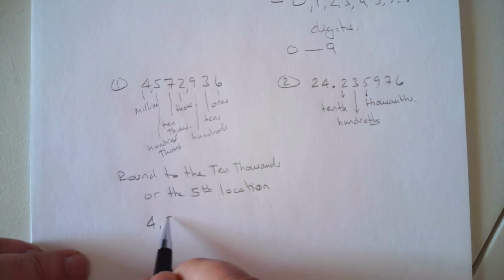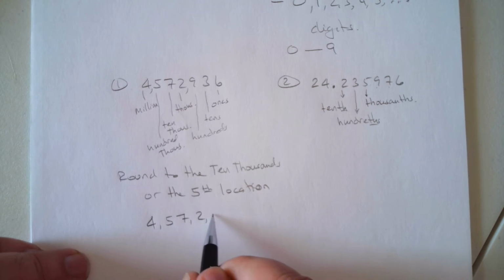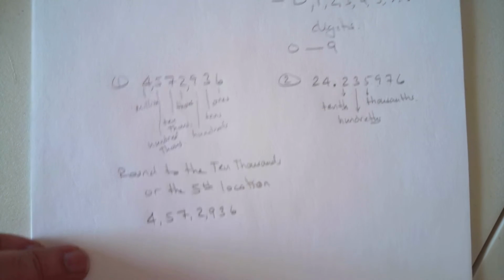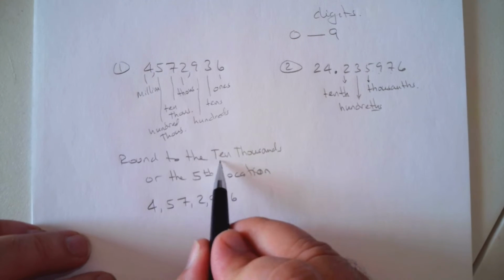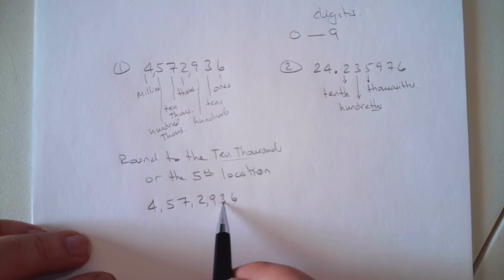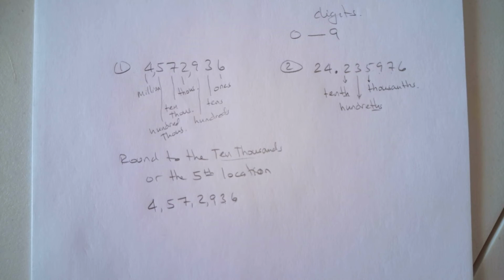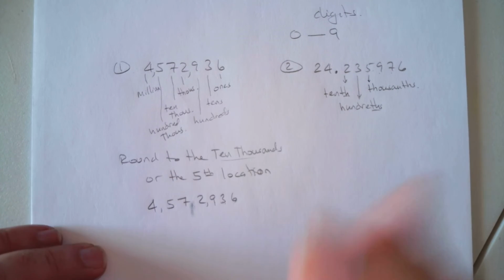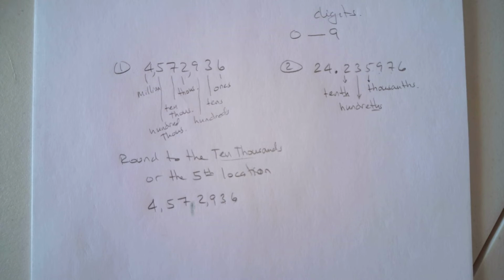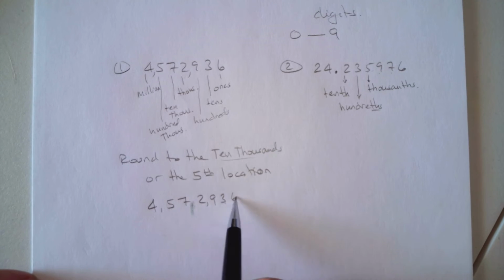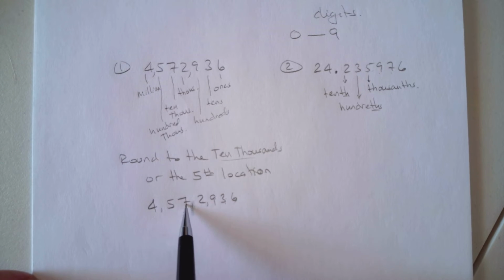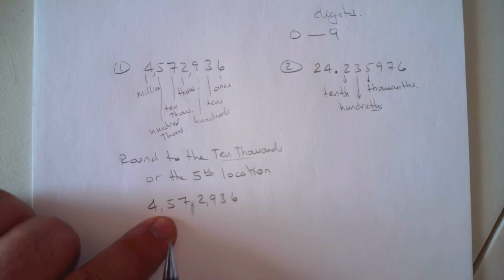So we have 4, 5, 7, 2, 9, 3, 6. So the 10,000s are the 5th. 1, 2, 3, 4. Oops. That's not supposed to be back there. So the 5th location, ones, tens, hundreds, thousands, 10,000s, is the 5th number, 5th location.